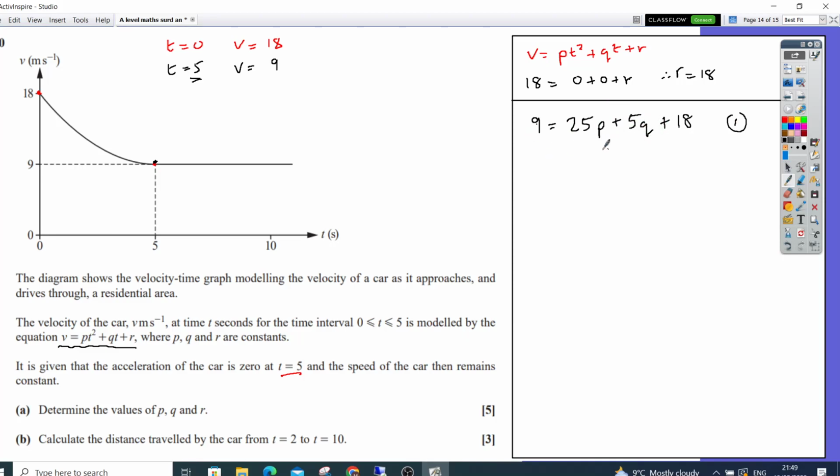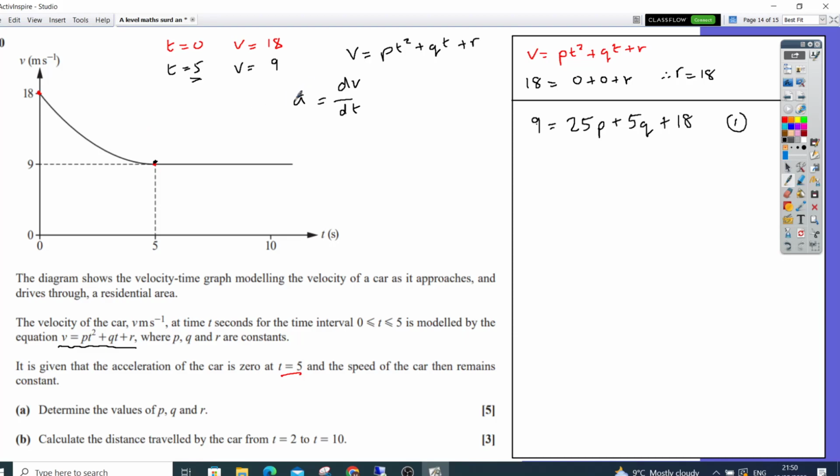We've got 1 equation, 2 unknowns, so we need another equation. Now, at this instant, it also told you that the acceleration was 0. It didn't have to tell you that, it's helping you. You should know that if you have v equals pt squared plus qt plus r, the rate of change of velocity is acceleration, because the rate at which velocity changes is acceleration.